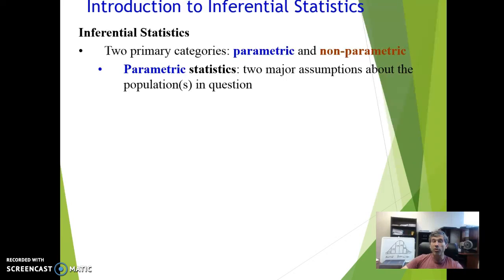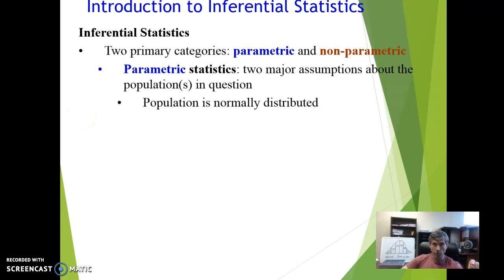To run a parametric statistical test, you have to make a couple of assumptions about the population of scores that you're looking at. One is that it is normally distributed. Remember, this is a pretty safe assumption. If you remember, we talked last module about the fact that if you gather enough scores on a variable, the sampling distribution always becomes normal, even if the original raw score distribution was not.